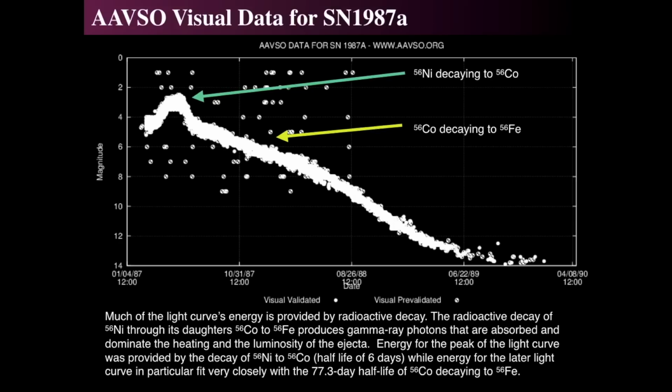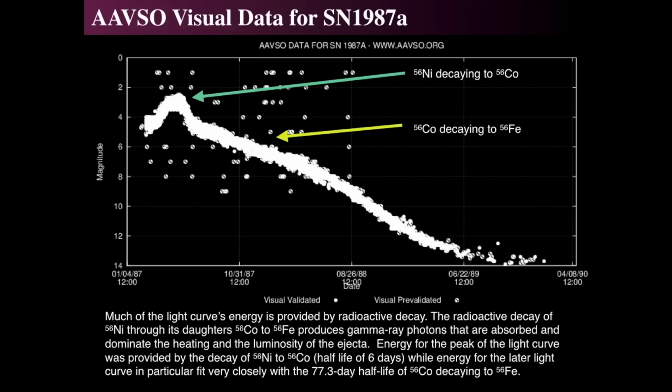and it shows that it was caught before the peak occurred, then the peak occurred, and then it had a plateauish sort of long slope, and then it had another drop-off. So the first peak, when it was observed, was the initial explosion, and then it got brighter as time went on because nickel-56, which is radioactive, decays to cobalt-56, which is also radioactive.